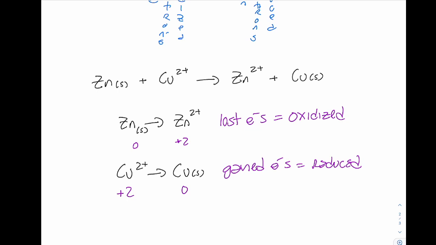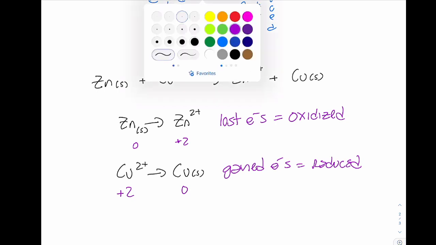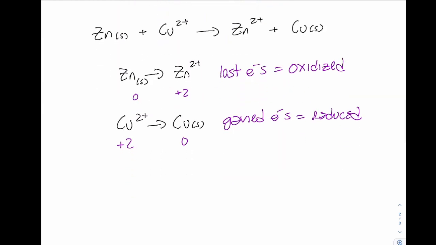The electrons that zinc is losing are being given to copper 2+, right? I have one type of atom losing electrons, another one gaining them. We can also define what's called our oxidizing and reducing agent.